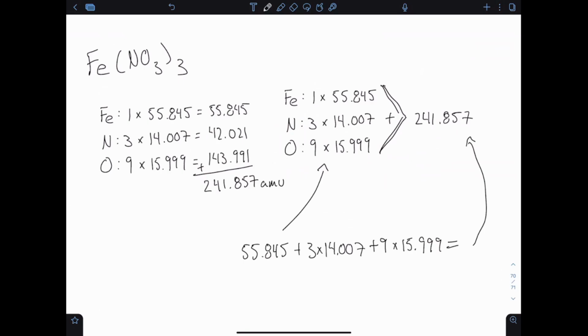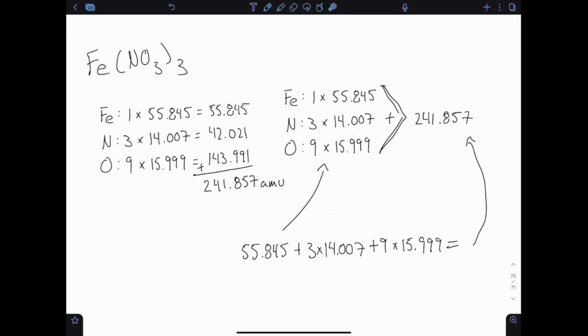Good question: do sig figs matter in these equations? When you're calculating these, the 1, the 3, and the 9 are exact numbers, so in practice they have infinite sig figs and don't affect the sig figs. What would affect the sig figs are these numbers. Generally, no. Don't consider sig figs when you calculate the atomic mass.